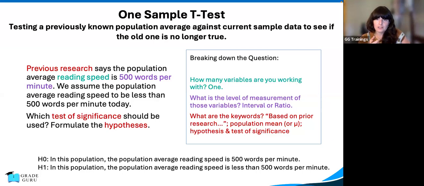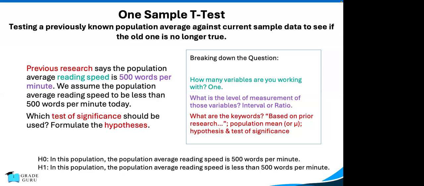When we break it down into the three parts, okay, how many variables are involved? The only characteristic or attribute that they're describing here is reading speed. Okay. Level of measurement, 500 words per minute. Yes? Raise hand. Yeah? Yes, is one sample t-test always used to test a previously known population average?